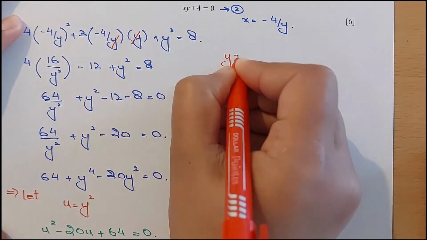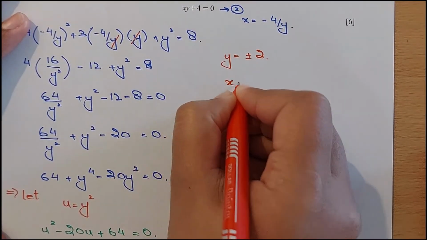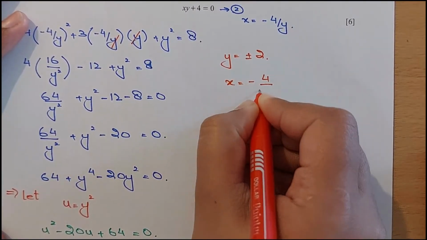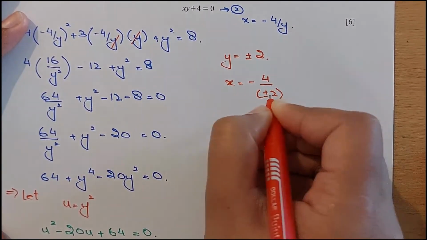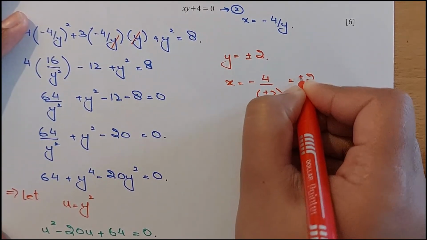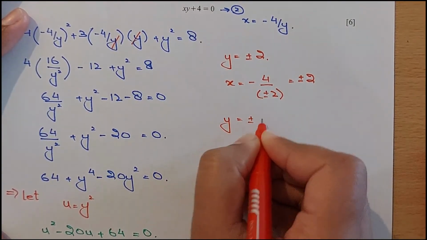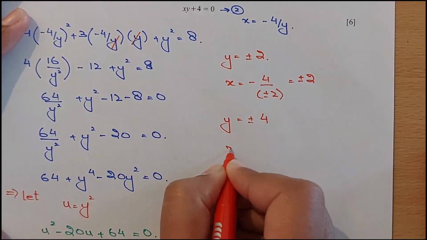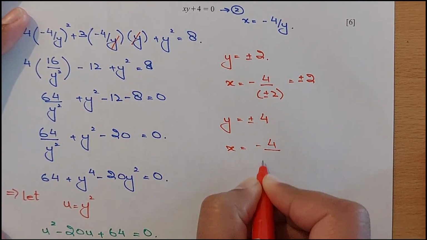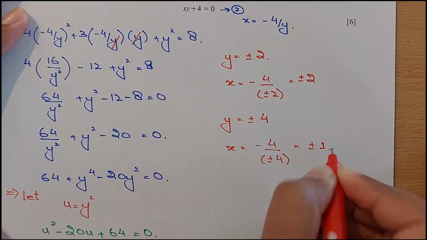So y equals plus minus 2, right? So x is equal to minus 4 divided by plus minus 2. So 2 times 1 is 2, 2 times 2 is 4. So that is plus minus 2 you will get. So at y equals plus minus 4, x is equal to minus 4 divided by plus minus 4. This is again plus minus 1, right?